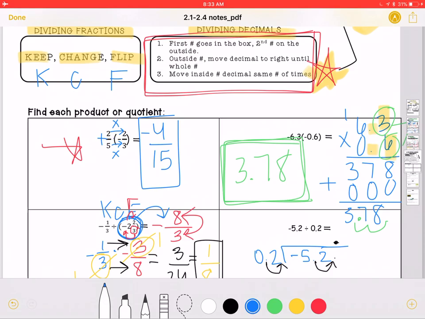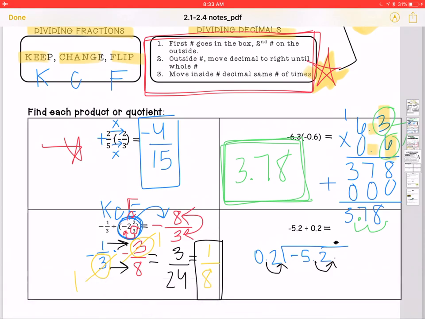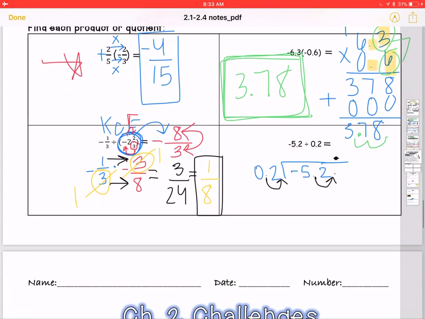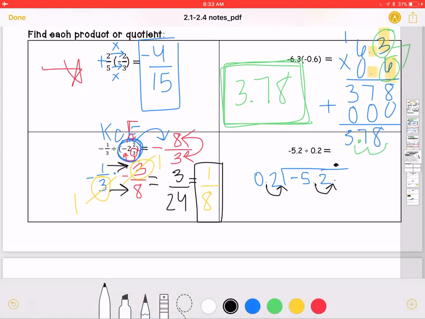And if you need to, go ahead and rewrite it so you don't have all these arrows and decimal points in your way. If you want to rewrite it so it's neater, you're really just dividing 2 into 52. So now how many times can 2 go into 5? Twice. So 1, bring my 2 down.